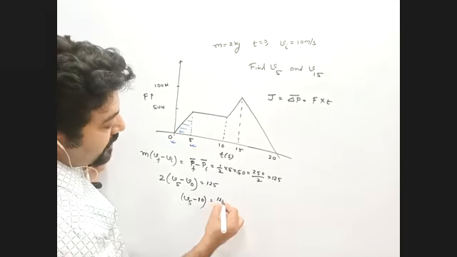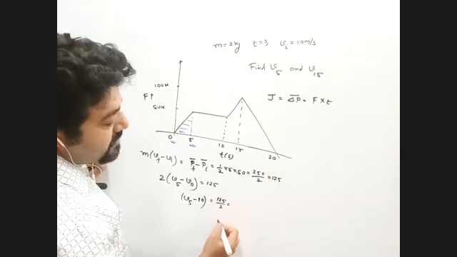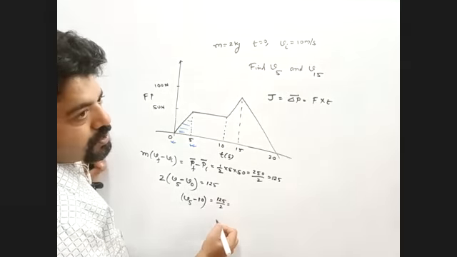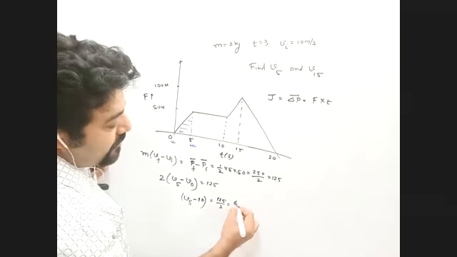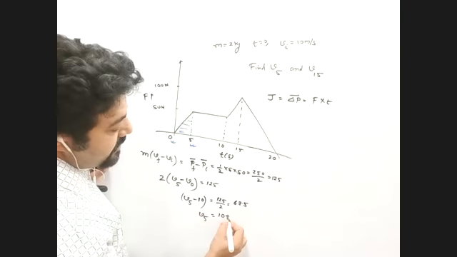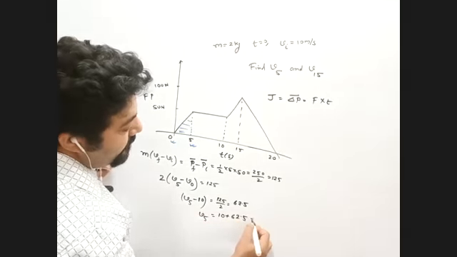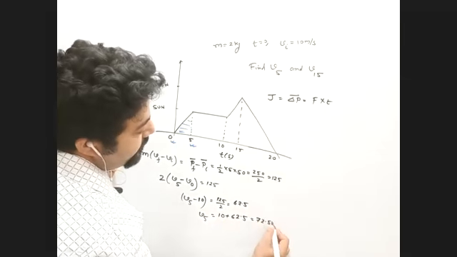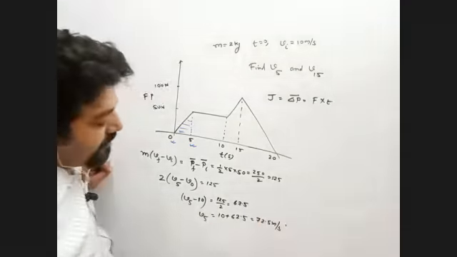So you write 125 by 2, I guess 62.5 now. So V5 is 10 plus 62.5, that is 72.5 meter per second, the velocity at 5 seconds.